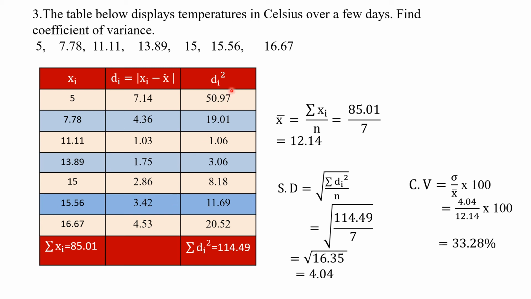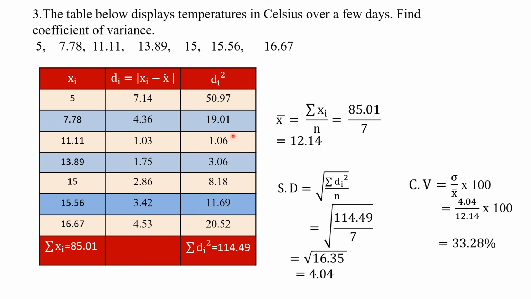Next is the column of di square. 7.14 on squaring gives 50.97. Square of 4.36 is 19.01. Square of 1.03 is 1.06. Square of 1.75 is 3.06. Square of 2.86 is 8.18 and square of 3.42 is 11.69 and finally square of 4.53 is 20.52.